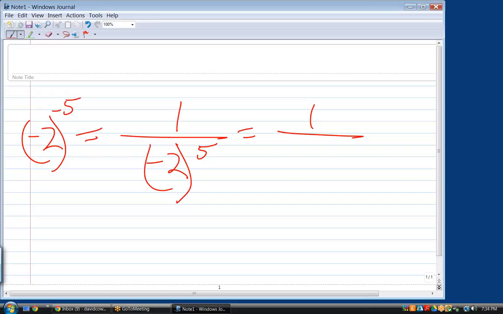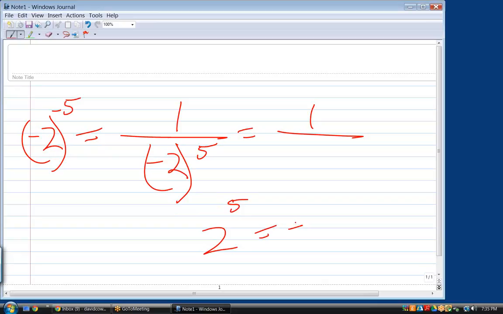Would that be +10? No. What is 2 cubed? 2 cubed, that's 9, right? No. 8. 2 times 2 times 2. What is 2 to the 4th? 16? What is 2 to the 5th? 32?